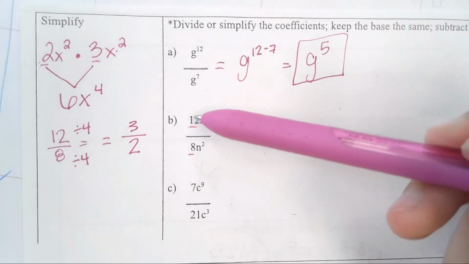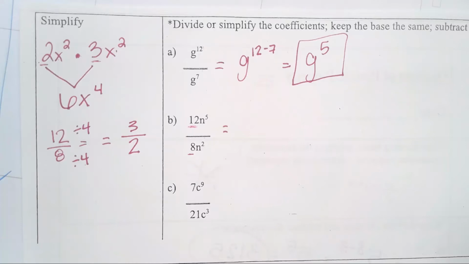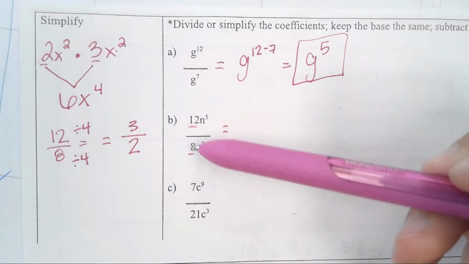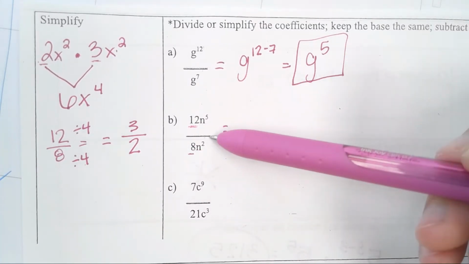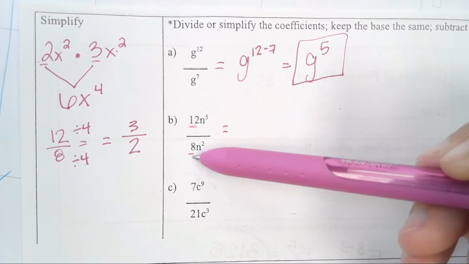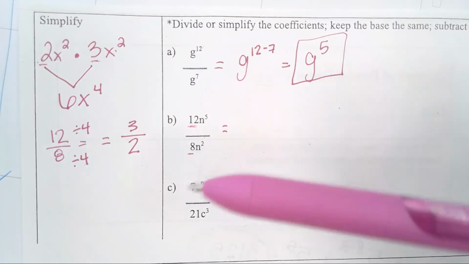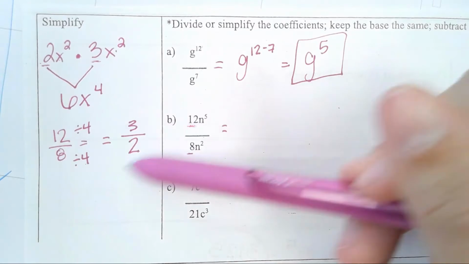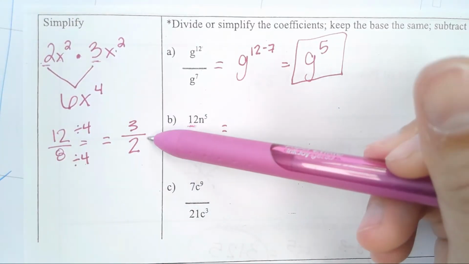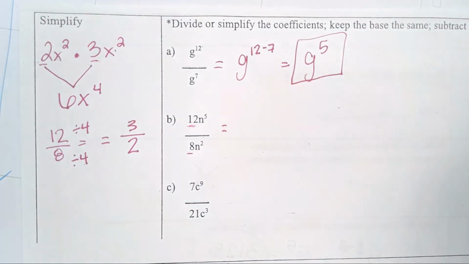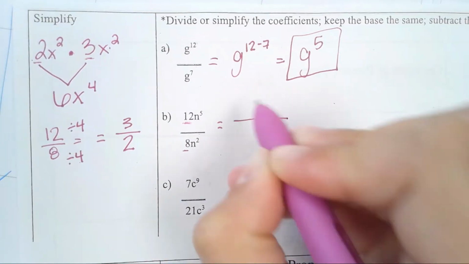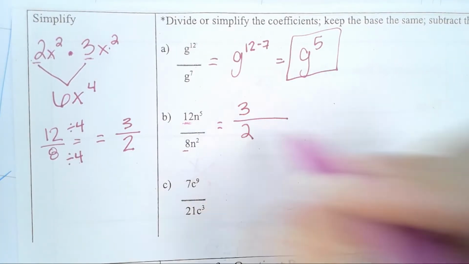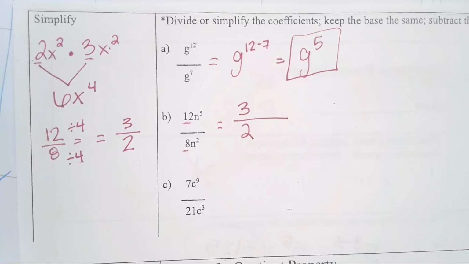So this is the same logic that you have to do over here. As soon as you guys see coefficients, you do want to divide them. But if they do not go into a whole number, all that you are going to do is simplify the fraction into its improper fraction. So 12/8 simplified is 3 over 2. So you are going to keep the 3 over 2 in your fraction.